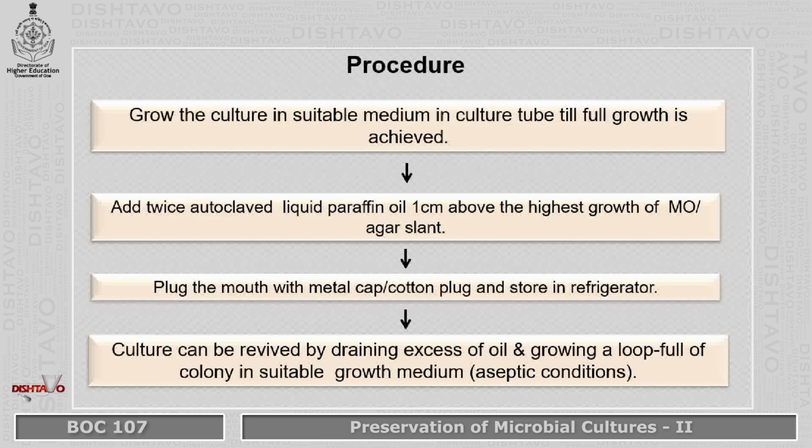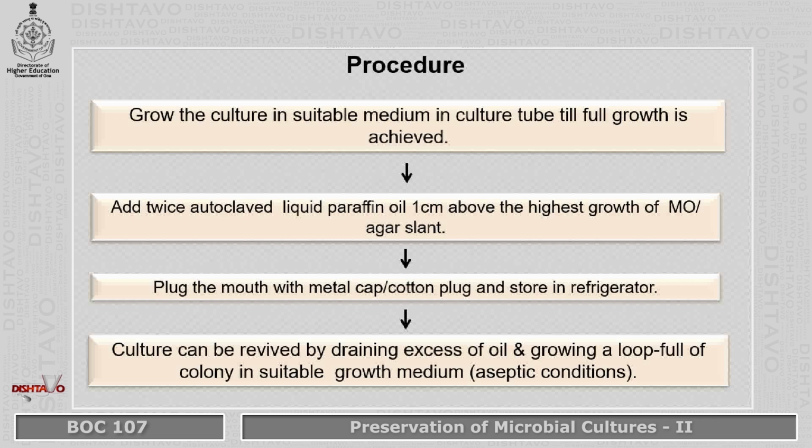Coming to the procedure, grow the culture in suitable medium in a culture tube till full growth is achieved. Then you have to add liquid paraffin, which is autoclaved 2 times, 1 centimeter above the highest growth of microorganism on agar slant.